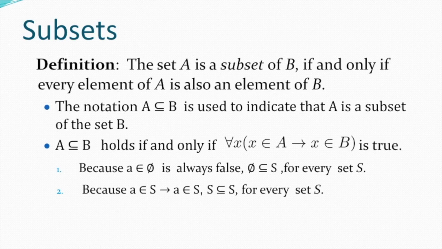Because an element like small a belongs to the set phi is always false, phi is also a subset of big S for every set S. And this is what we say: the empty set is a subset of every other set.